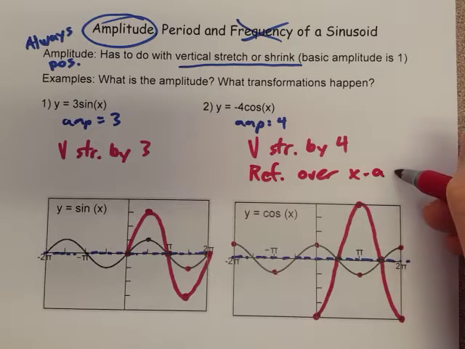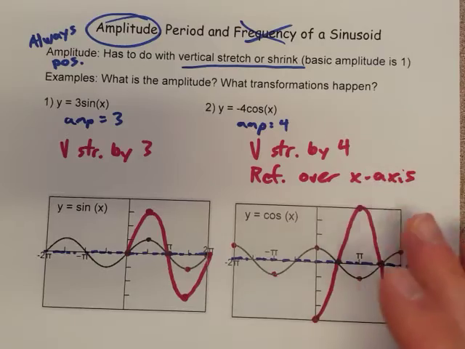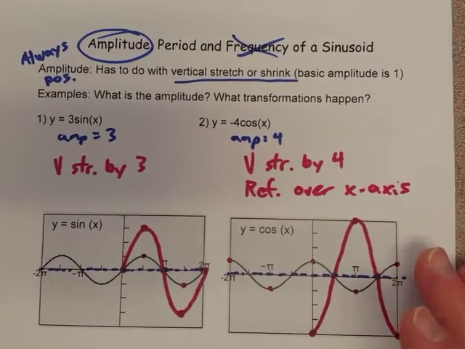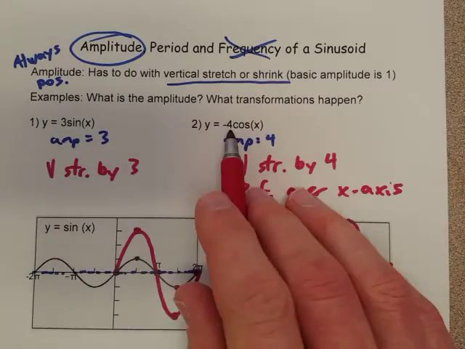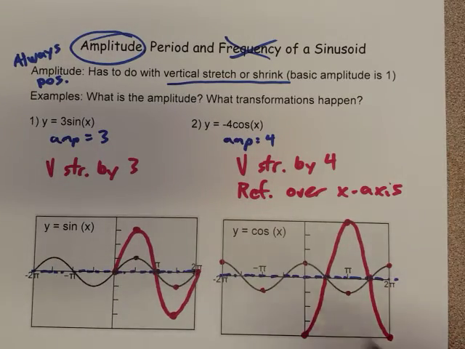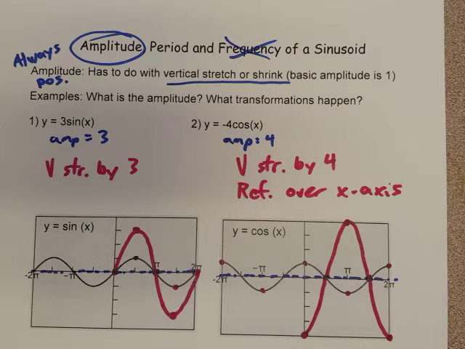Almost all of your reflections in this chapter will be over the x-axis. There will be maybe a couple that are y-axis, but you can expect to see that. Now, if we had fractions in front of there instead of whole numbers, then of course we would have a vertical shrink instead of a vertical stretch.